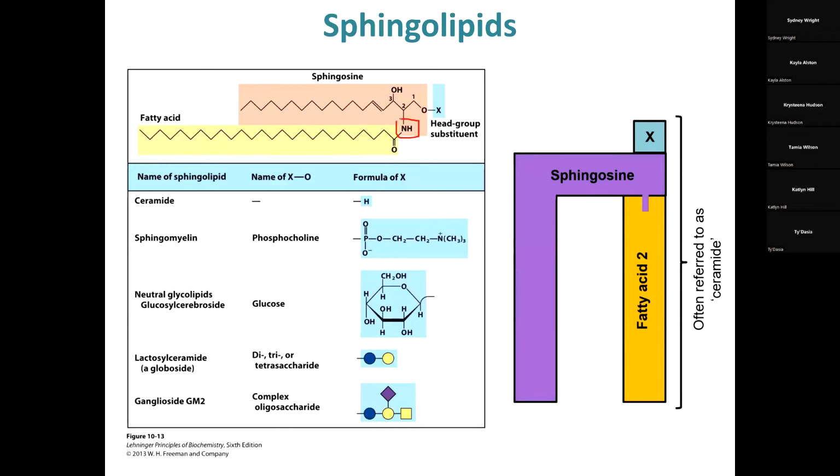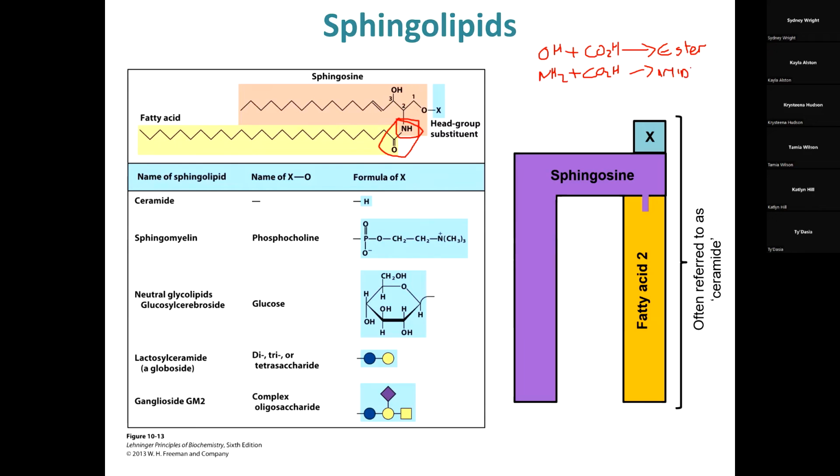So the linkage: if you have an alcohol plus a carboxylic acid, you get an ester. But an amine and a carboxylic acid gives us an amide.